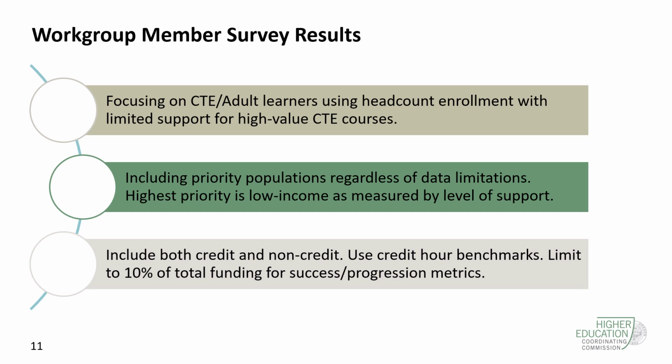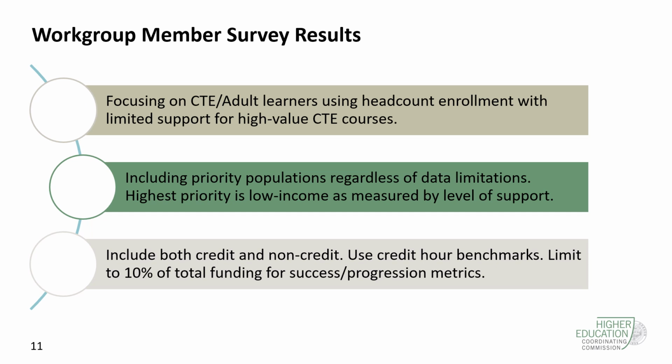Another key finding that appeared through the survey was that it was important to work group members to include both credit and non-credit students, because oftentimes we look at degree-seeking students only, to the extent we exclude non-credit students.